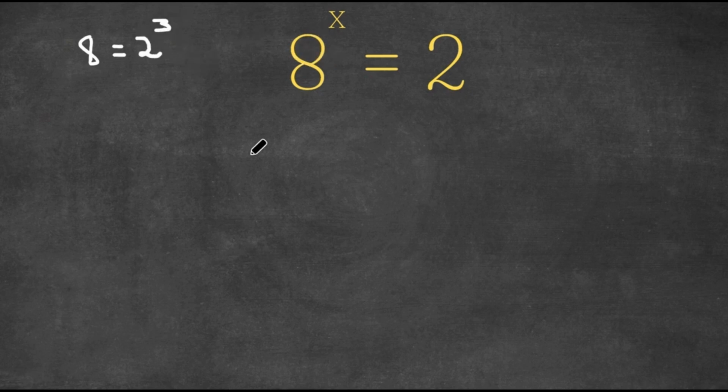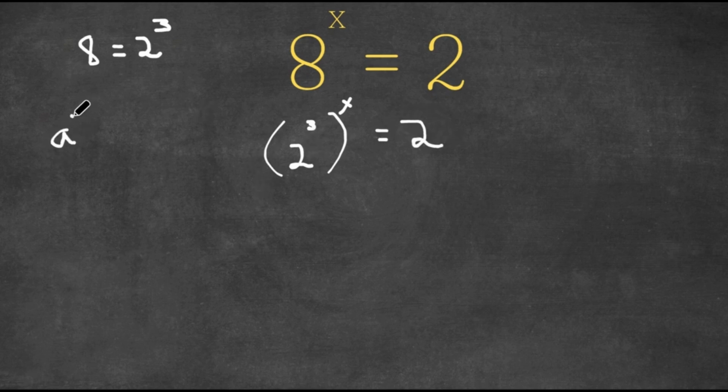So what I'm going to do is replace 8 with 2 to the power of 3. And so we have 2 to the power of 3, to the power of x, equals 2. Now, if we have something in the form a to the power of m, to the power of n, this is actually equal to a to the power of m times n.